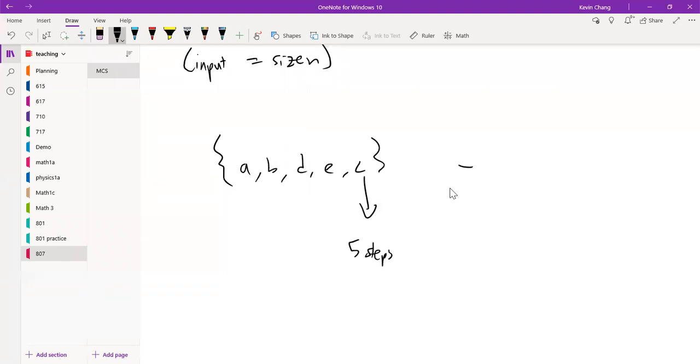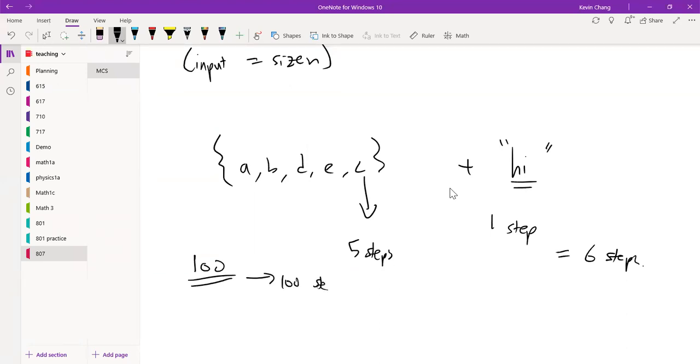And then I would need to output hi. Outputting the phrase hi takes the computer about 1 operation. So that's 1 step. So this takes a total of 6 steps, right? But if we had 100 elements, this would take 100 steps. And then if we just add the 1 hi at the end, that's just 101 steps. So it's not slower by much.